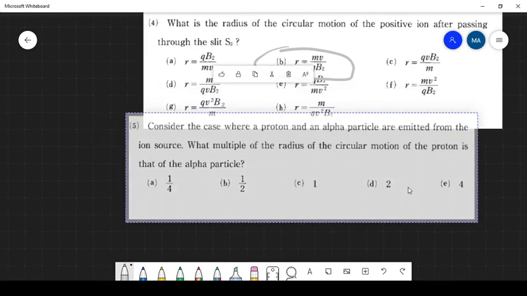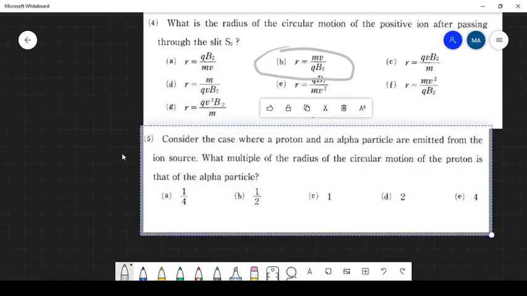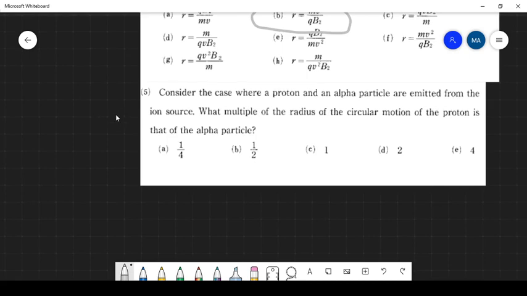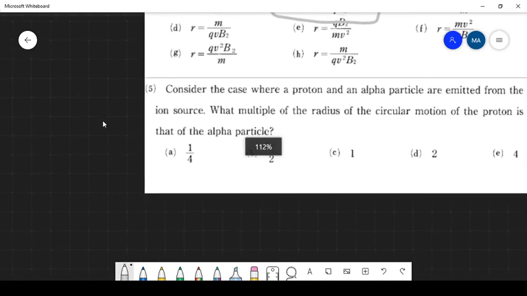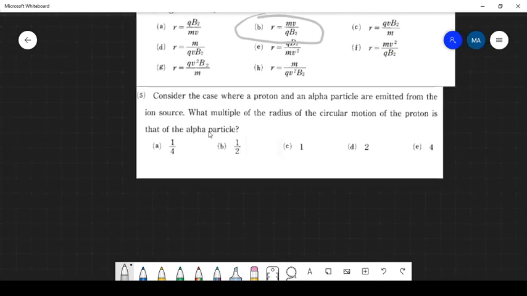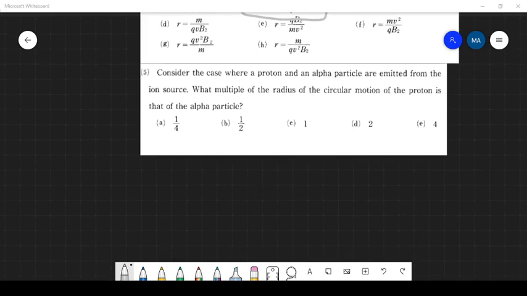For question number 5, consider the case where a proton and an alpha particle are emitted from the ion source. What multiple of the radius of the circular motion of the proton is that of the alpha particle?